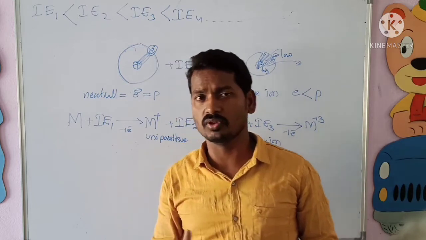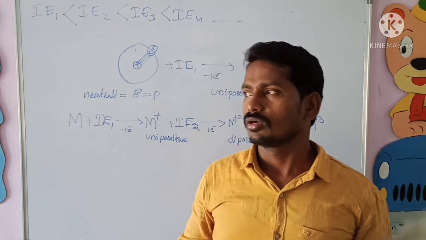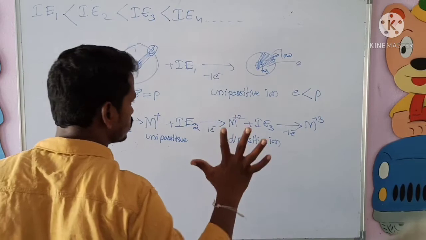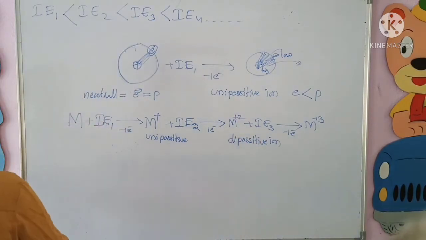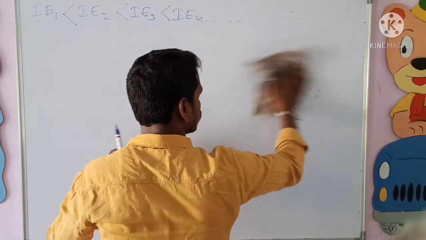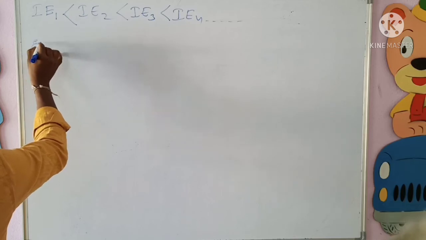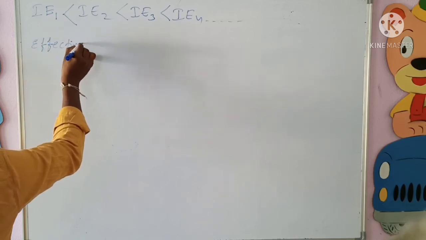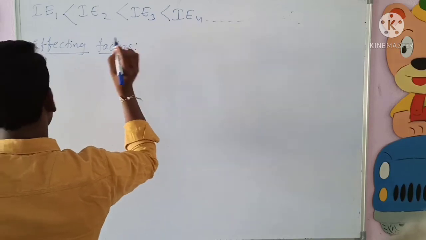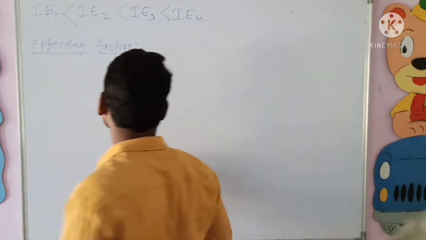Majorly, there are five factors affecting ionization energy.